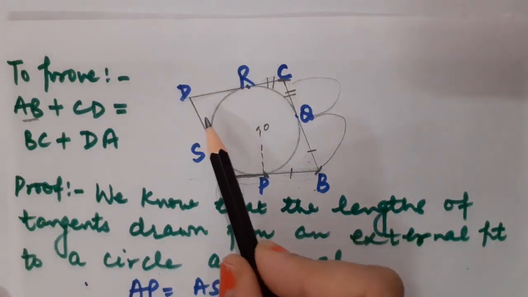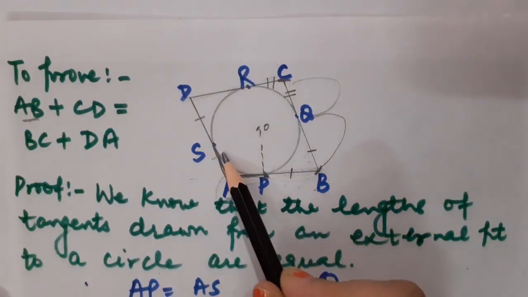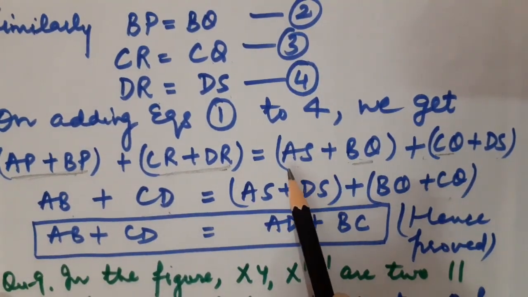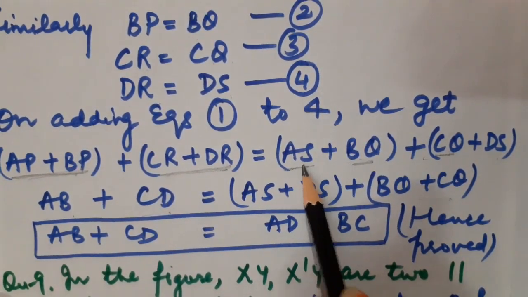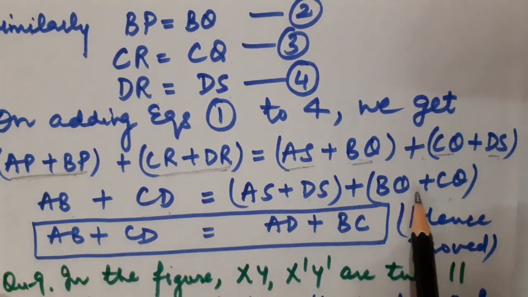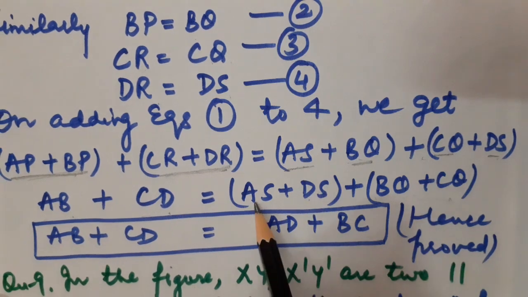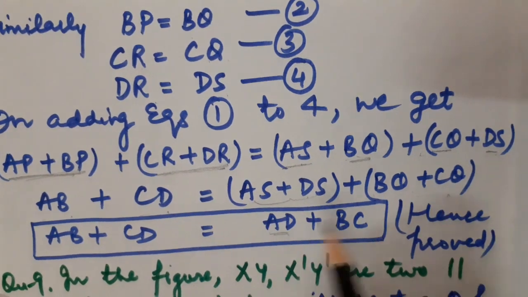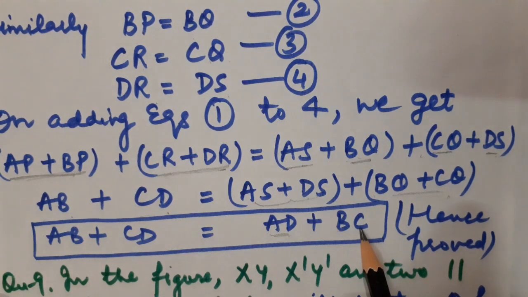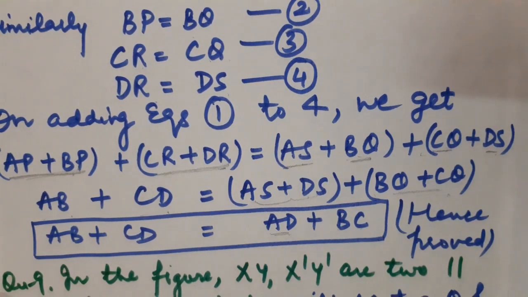I can get DA when I add DS and SA. SA or AS, this is one and the same thing. So this is AS and then DS, I have put them in one bracket, plus BQ plus CQ. So in place of AS plus DS I can get AD, and in place of BQ plus CQ I can get BC. So hence proved. Got it?